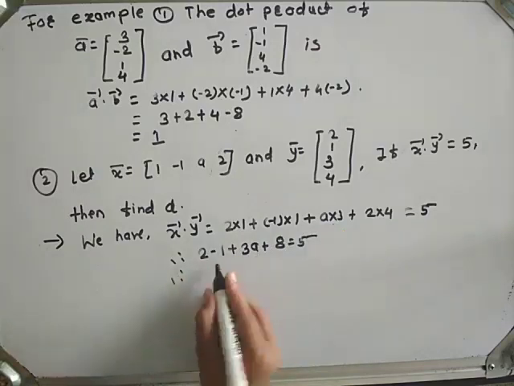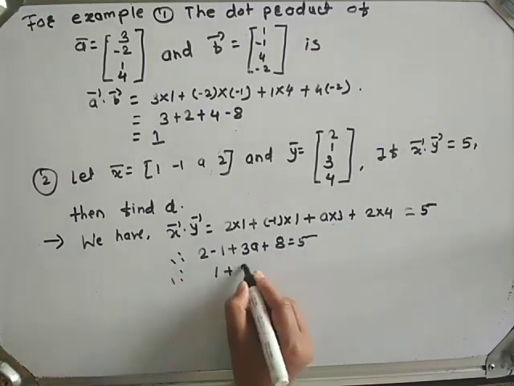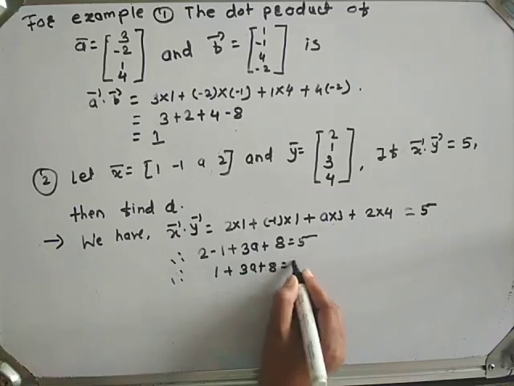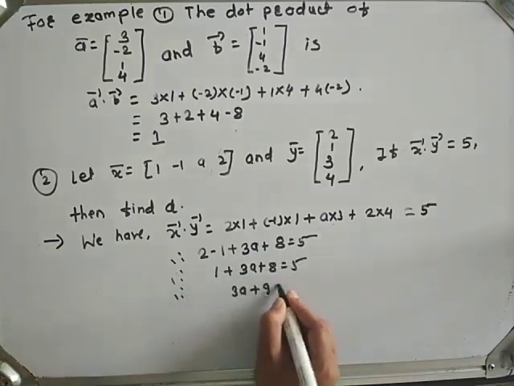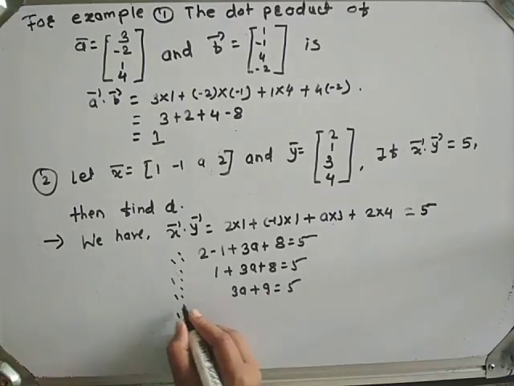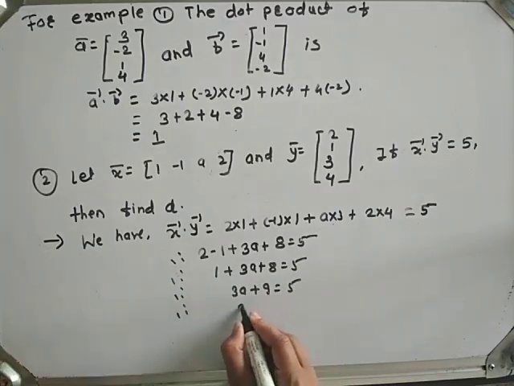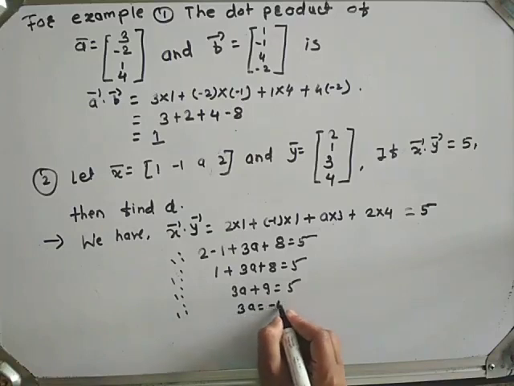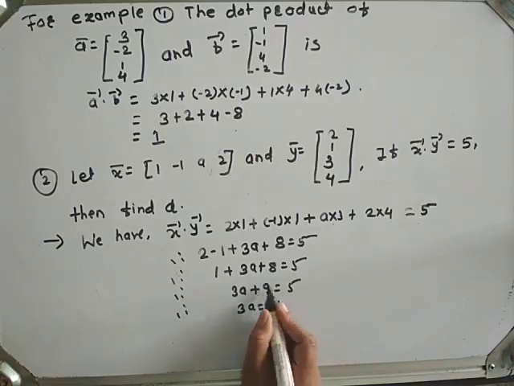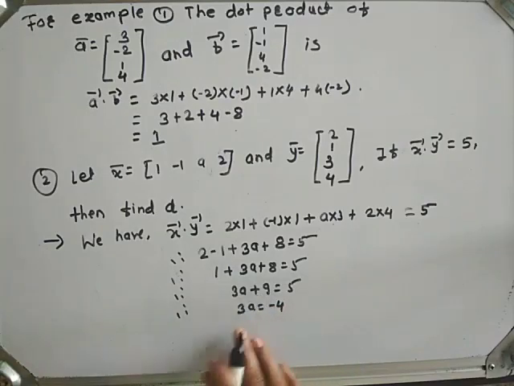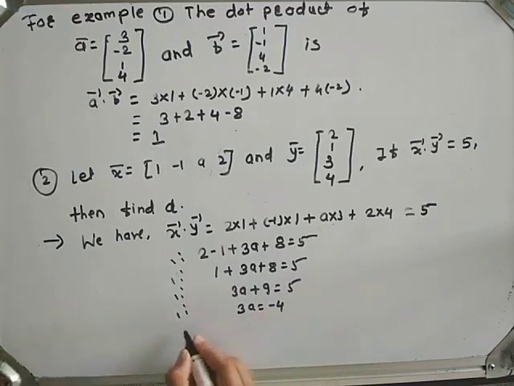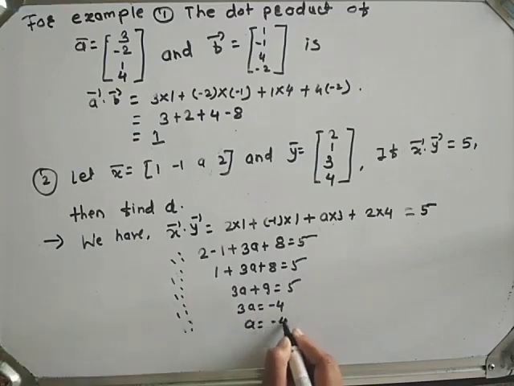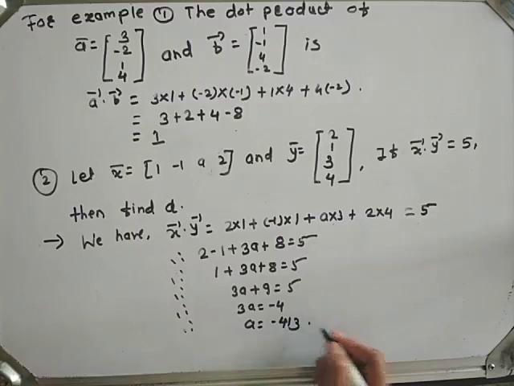Therefore, 2 minus 1 is 1, plus 8 is 9, so 3a plus 9 is equal to 5. Therefore, 3a is equal to minus 4, and a is equal to minus 4 by 3.